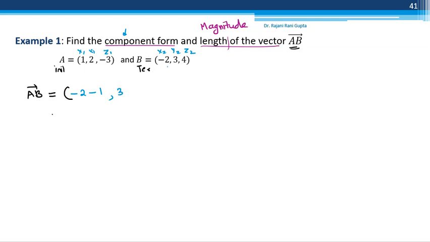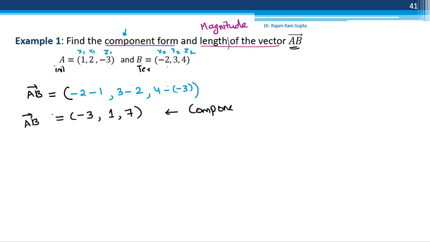And plus, it's easier to calculate. Minus 3 minus 2 and 4 minus of minus 3. So when you simplify it, what you will get? Minus minus become plus, so it is minus 3. 3 minus 2, 1. And this become plus 4 plus 3, 7. So this is the component form of your vector.